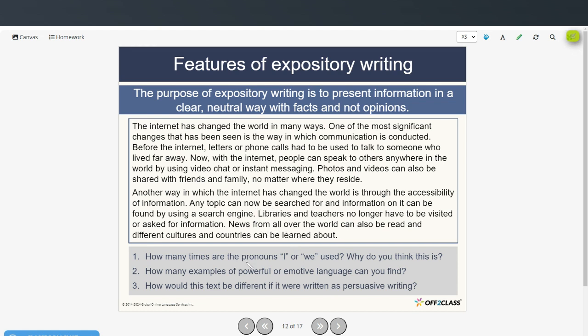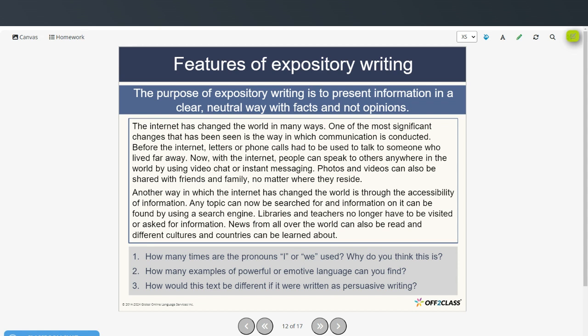All right, so the pronouns I and we are not used at all in this expository writing, and this is probably because the writer is trying to make this apply to all types of people. He doesn't want it to seem like it's just his opinion. It's a statement of facts, and so using I or we would suggest that the person is just writing about their own personal experience or personal opinion.